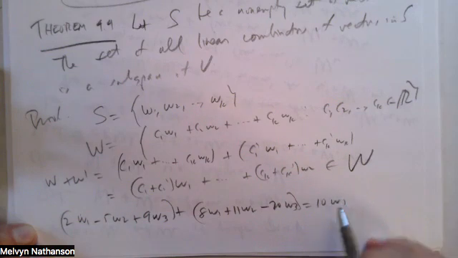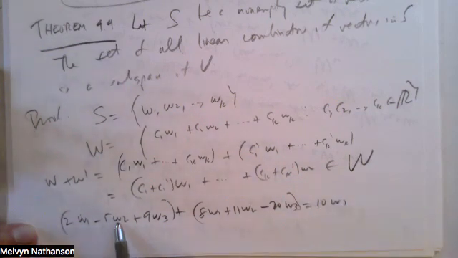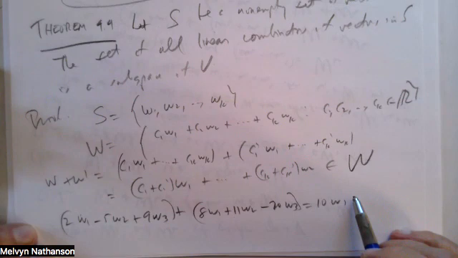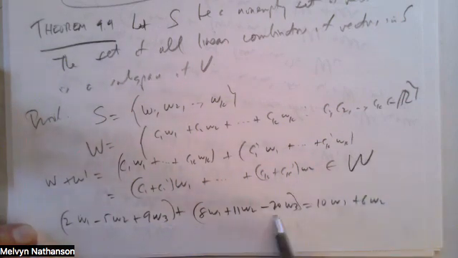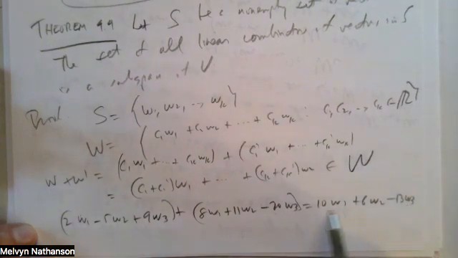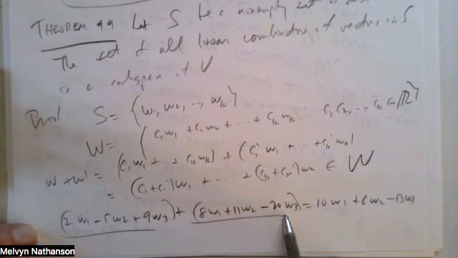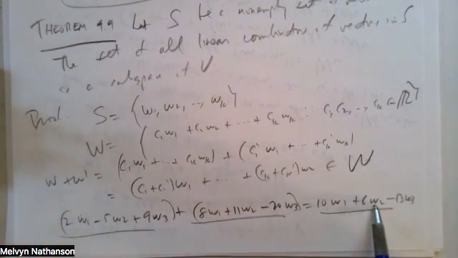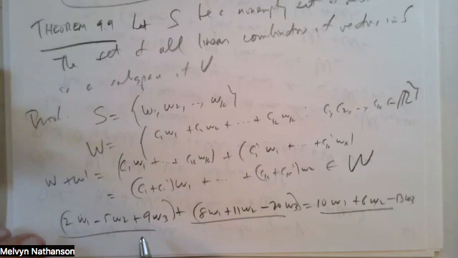That's going to give me 10w1. Minus 5w2 plus 11w2. 11 minus 5 is 6. 9w3 minus 20w3 is minus 11w3. So this linear combination plus this linear combination is this linear combination.